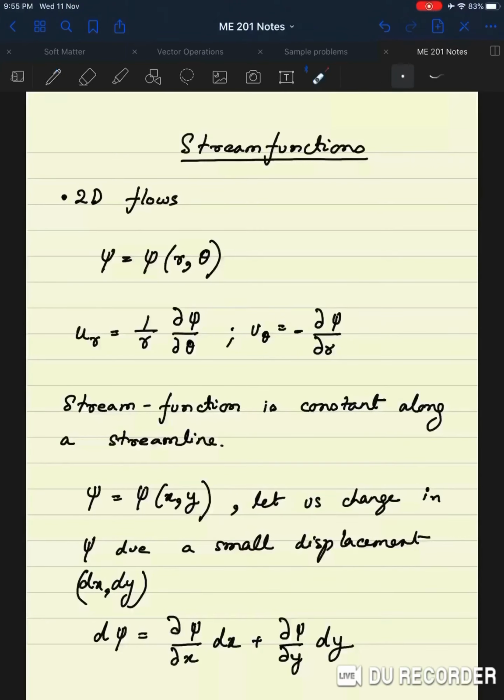And what is del psi del x? We have already defined this to be minus uy, so that term is minus uy dx, okay, and del psi del y is ux, this is plus ux dy.